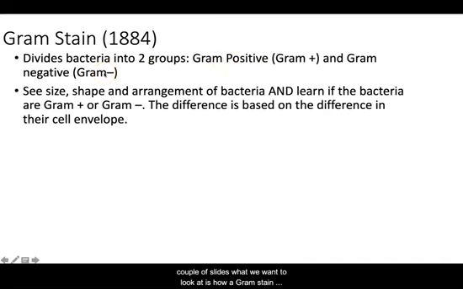And so over the next couple of slides, what we want to look at is how a gram stain is actually done to achieve those results. One other thing before we do that is to realize that this difference that you're obtaining, gram positive versus gram negative, is based upon the structure of the bacterial cell. So we haven't fully explained the structure of bacteria.